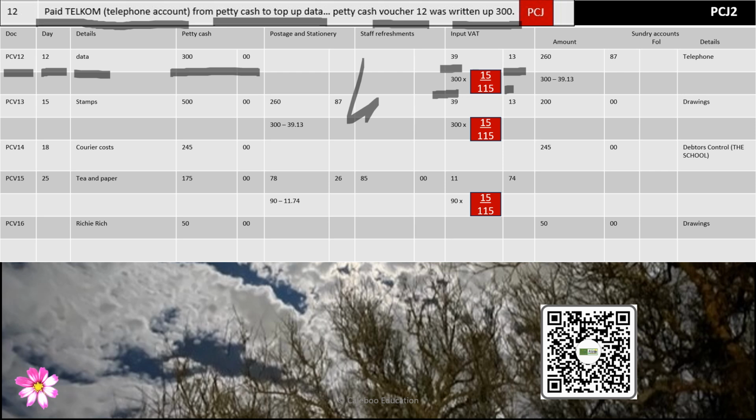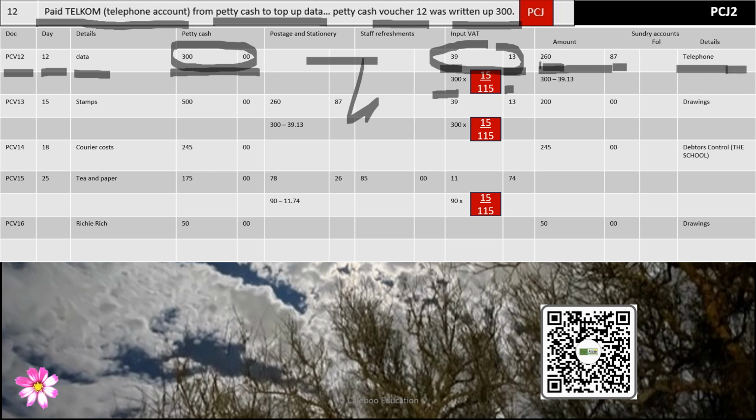To get the actual telephone amount, excluding VAT, all we do is we say the inclusive amount of 300 minus the input VAT we've just calculated. The telephone expense is therefore 260 and 87 cents.